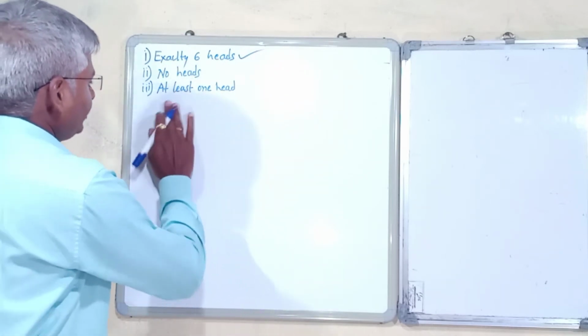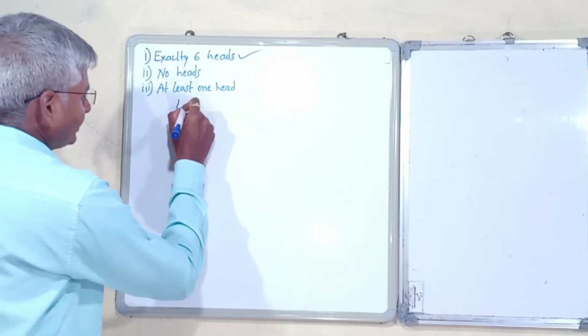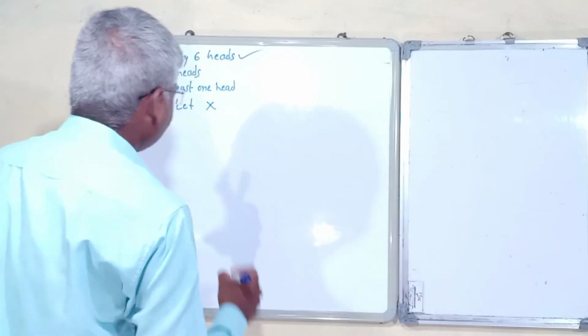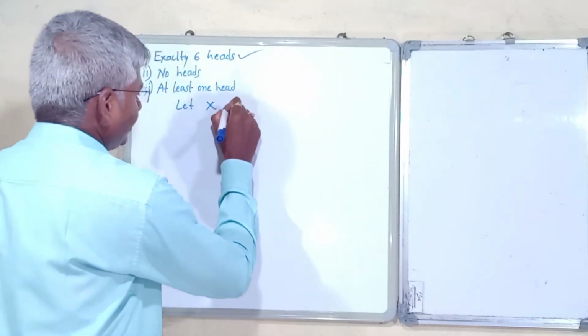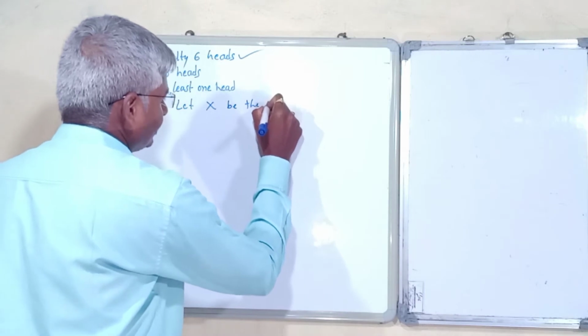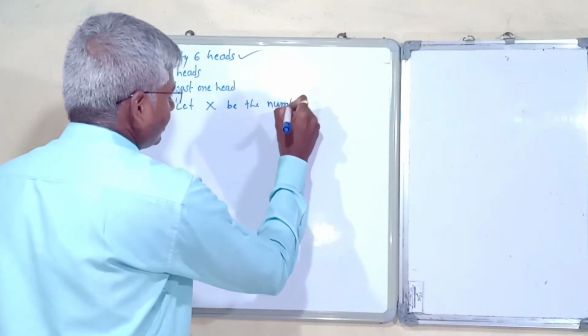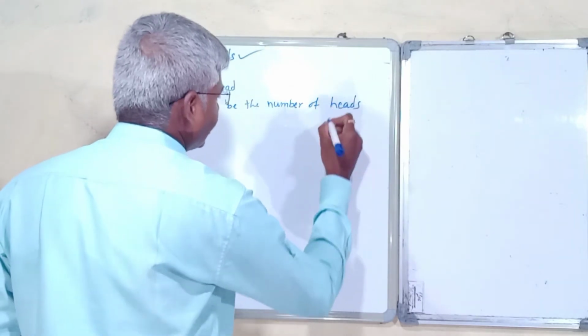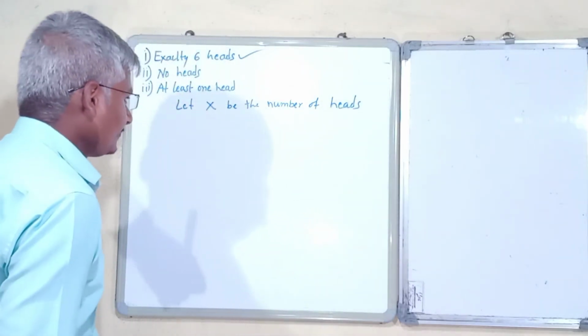Before that, let X be a random variable, the number of heads.